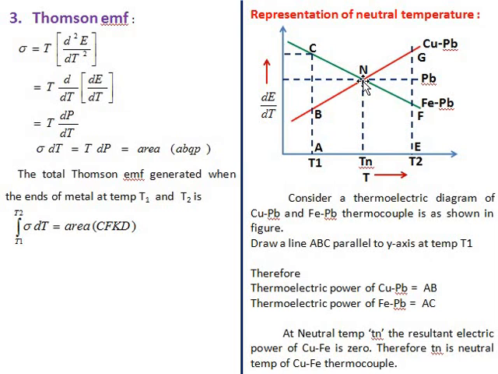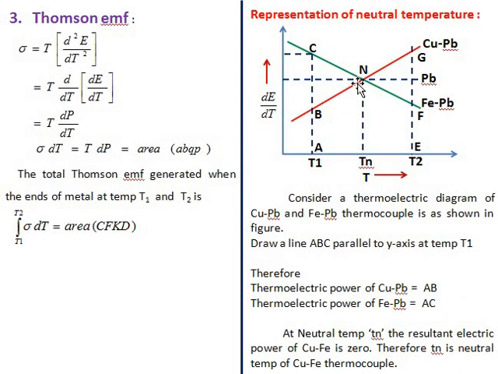So at this point, dear students, at neutral temperature Tn, the thermoelectric power is 0. Therefore, Tn is the neutral temperature of the copper iron thermocouple. So here we got this as the neutral temperature for the copper iron thermocouple.